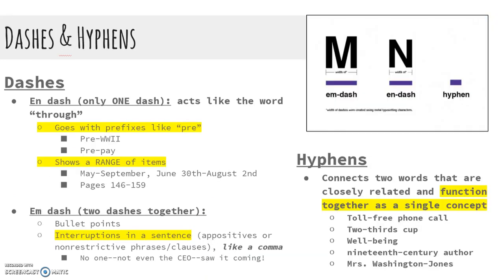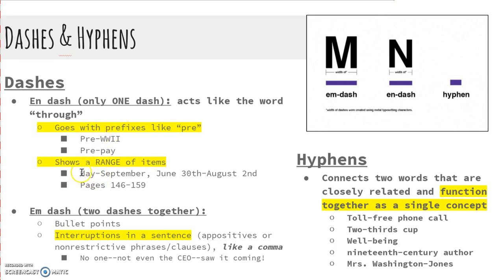Dashes and hyphens are also commonly misused. There are 2 types of dashes that get commonly mixed up. For example, there's the N dash, which is only 1 dash and it's shorter. It acts kind of like the word "through" because it often represents a range of items. It can also go with a prefix like pre-World War II or prepay.